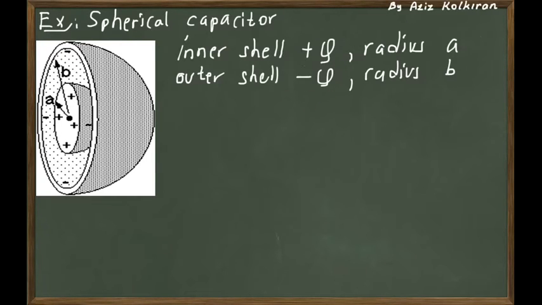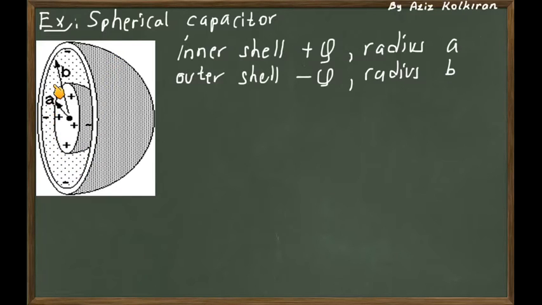So the first thing is we have to calculate the potential difference between these two conducting shells, and the only region that has a non-zero electric field in this configuration is the region between these two shells.